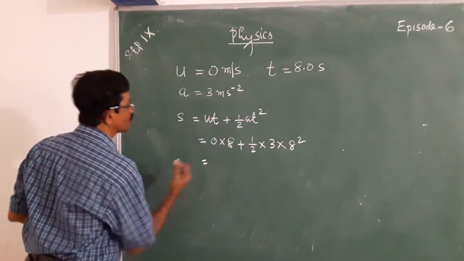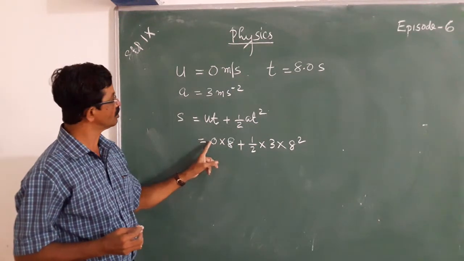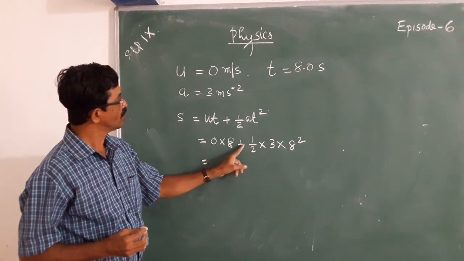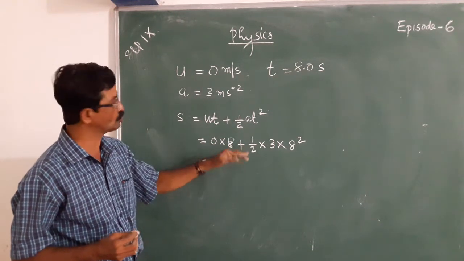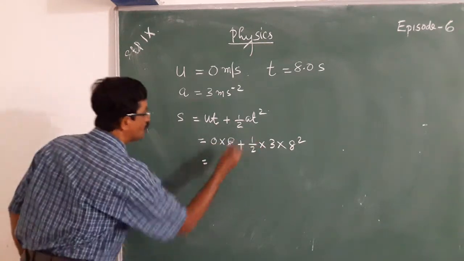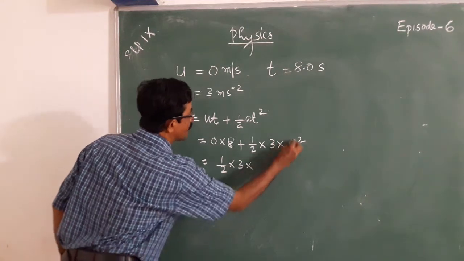Now 0 into 8 is 0, and adding 0 makes no change, so we can leave that. Then what remains is half into 3 into 8 square.